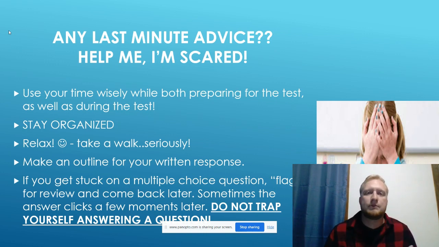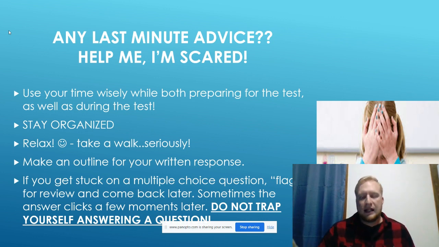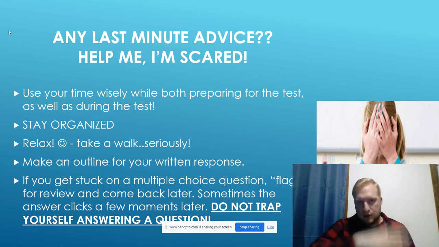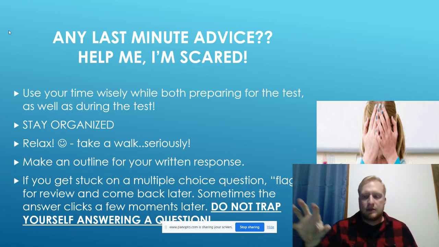When you go to your written response, you're going to have, I believe, 4 different exhibits. While you're listening, watching, reading those exhibits, take notes on the left side of the paper they're going to give you. Then on the right side, after you go through all of them, you should have a bunch of notes on the left. On the right side, I recommend making a big outline and seeing what paragraph is supposed to include what.